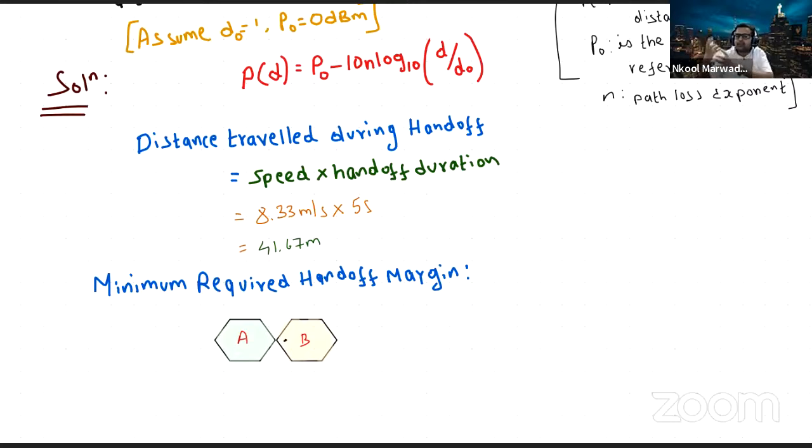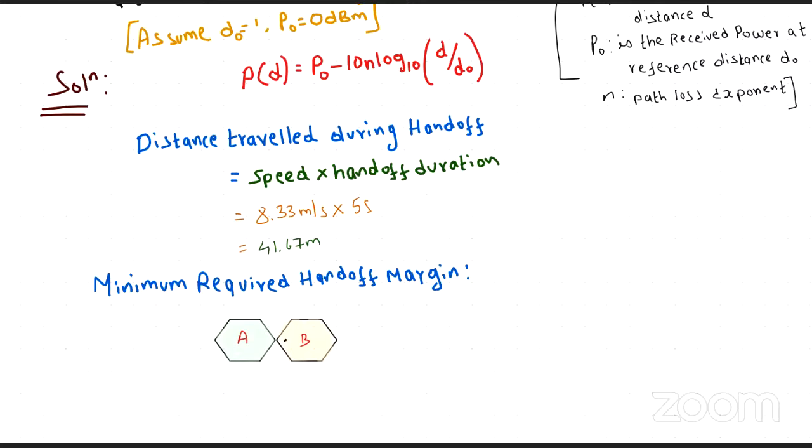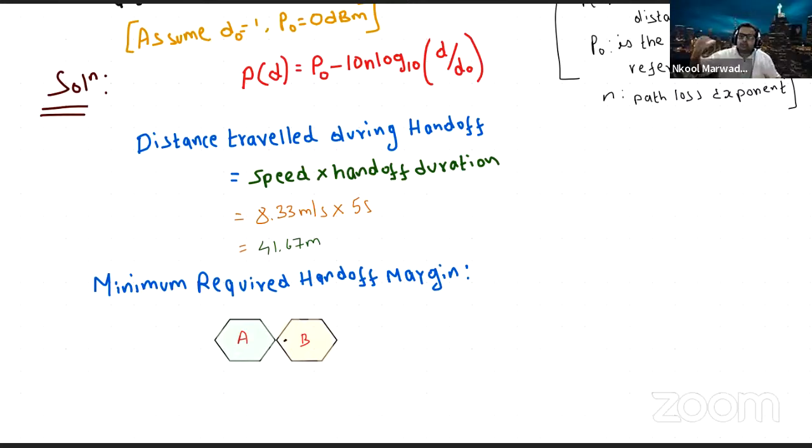Once I start receiving the signals of B, then only I will initiate the handoff. Threshold means minimum signal power of station B. Once I receive that threshold power, then the switching will take place and I will switch from A to B.